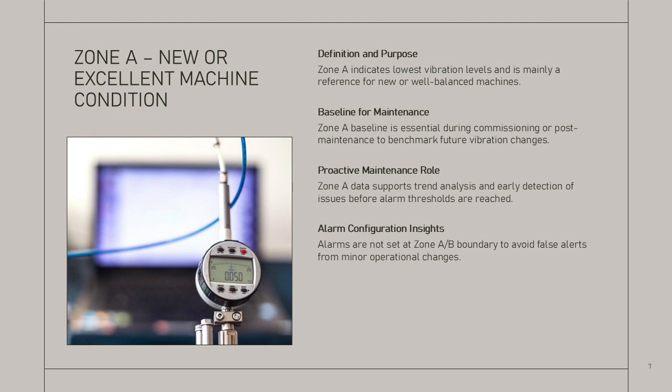Instead, Zone A data is used to understand the inherent vibration signature of a healthy machine and to support trend-based analysis. Deviations from Zone A over time can provide early indications of developing issues, even before formal alert thresholds are reached. In this way, Zone A plays a crucial role in proactive maintenance strategies, enabling early detection and root cause analysis while avoiding unnecessary intervention.